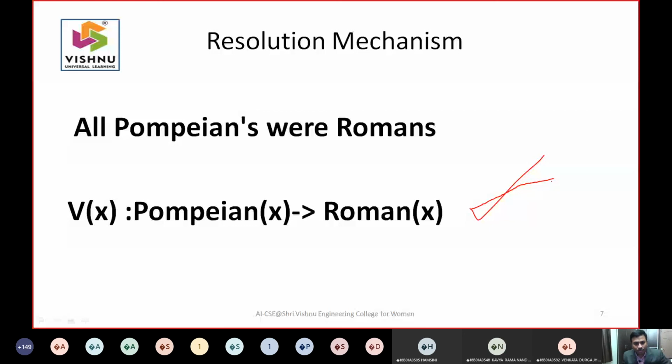See, in clause form, yes, you should not have this implication. You have to remove this. And if you apply all the steps, this also should be eliminated. So here this is in clause form. So this is not in clause form because you have something called implication here.